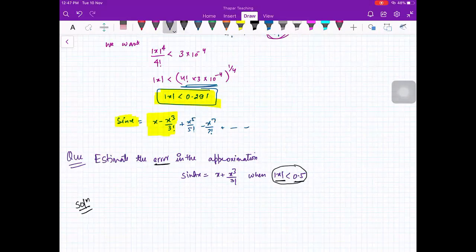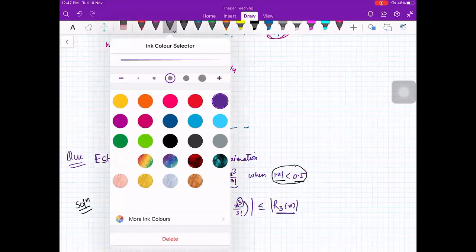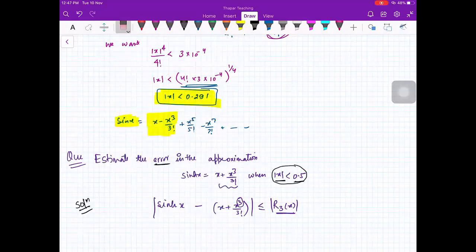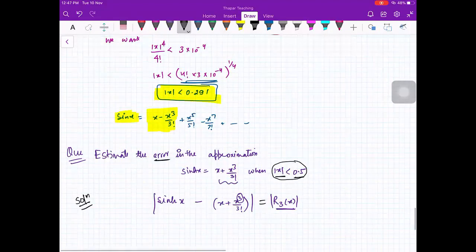So we know that if you approximate sin hyperbolic x with this polynomial x plus x cube upon 3 factorial, the error will be equal to mod R3x. Is that thing clear? Because it is up to 3, the error is exactly equal to mod R3x. Now what is R3x?